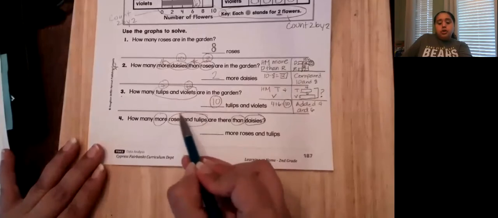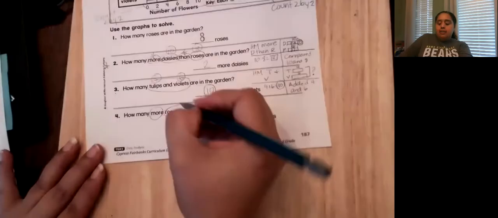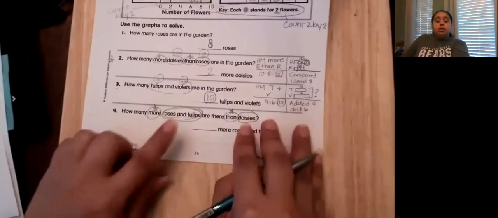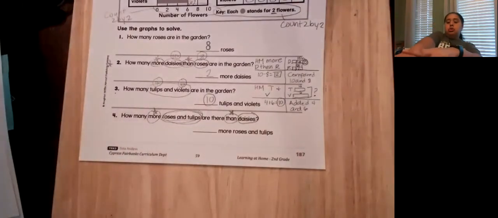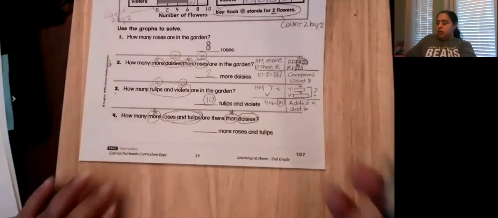So what we have to do here, roses and tulips, we're going to add these together, and then we have more than, so that means we're going to compare the roses and tulips together to daisies. So we're comparing two things that we're putting together here, which are the roses and tulips, and we're going to compare that to the daisies, okay?